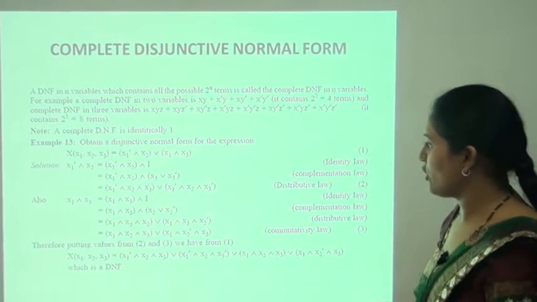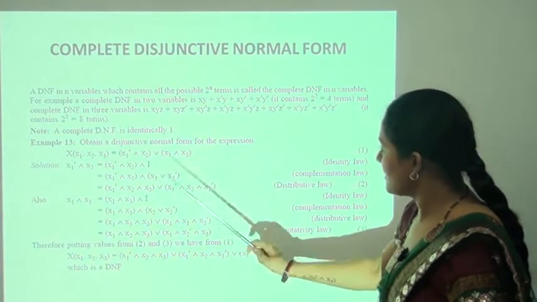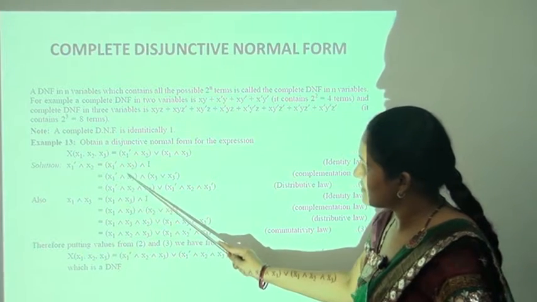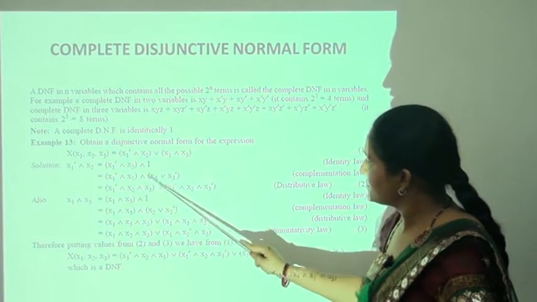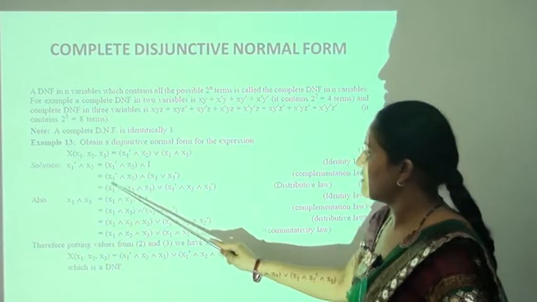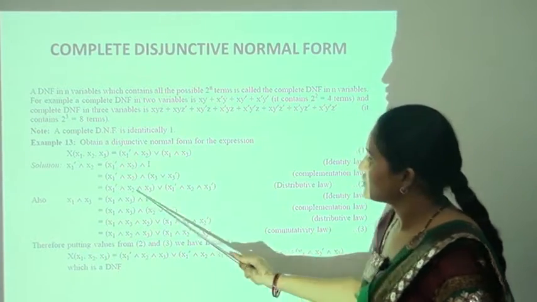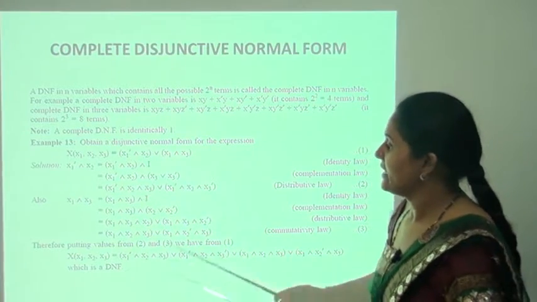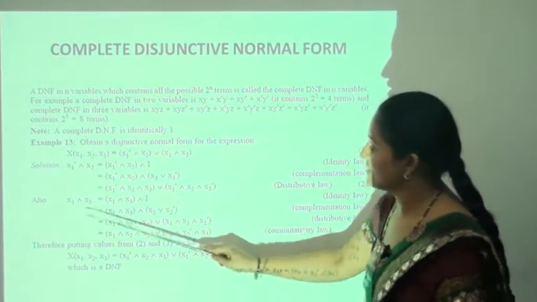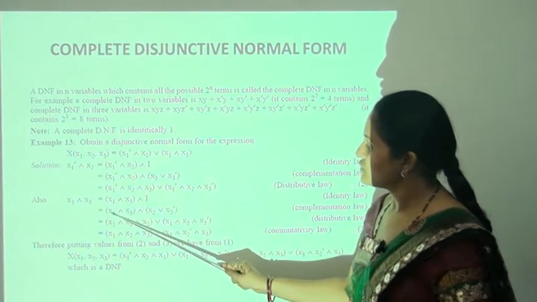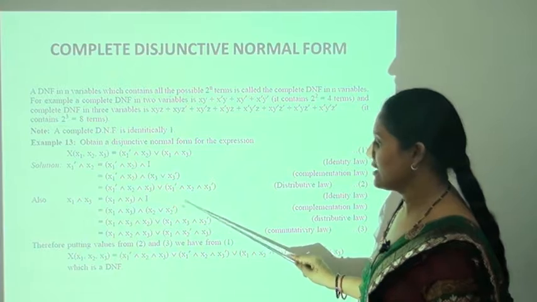This is the complement law. This is the identity law, and this is the complement law. So here, using the distributive law, x1 dash meet x2 meet x3, join x1 dash, x2, x3 dash. So this is the first part. Again, for this term also we can write it like this, meeting it with I. So this equals x2 join x2 dash.